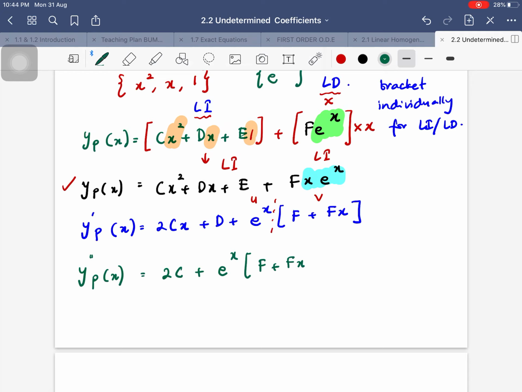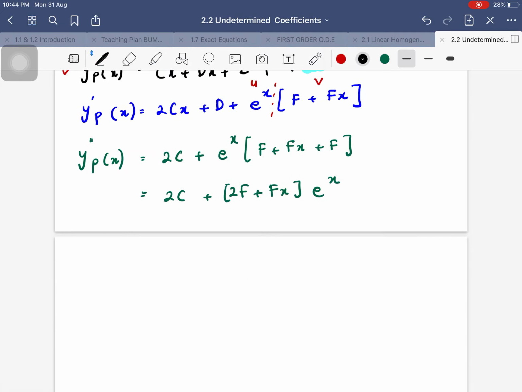I think it was the fourth example, so refer to that for the product rule. So here I'm going to have f plus fx, and when I differentiate that, 0 and 0, I'm going to end up with another f over here, which actually gives 2c plus 2f, because f plus f, plus fx exponential of x. So that is how my y double prime looks.